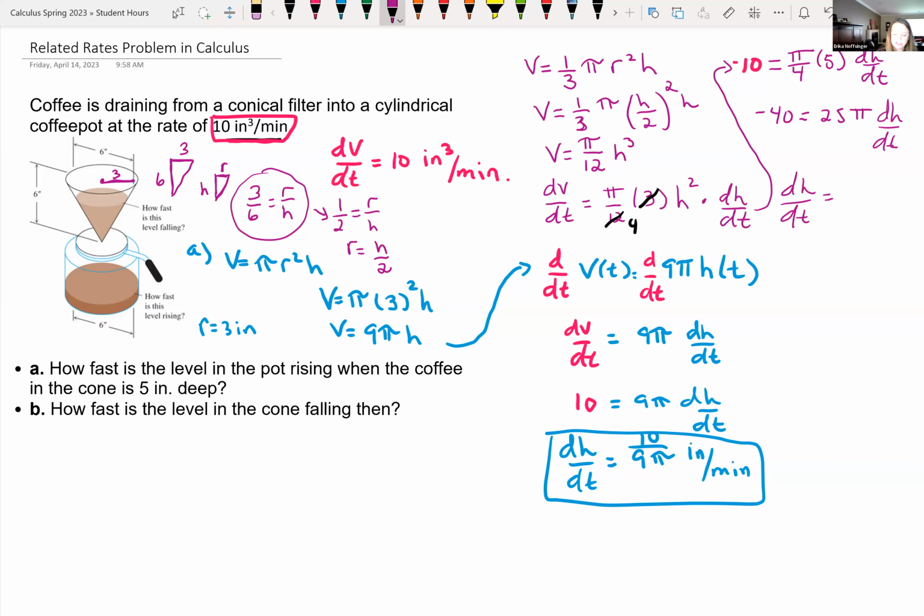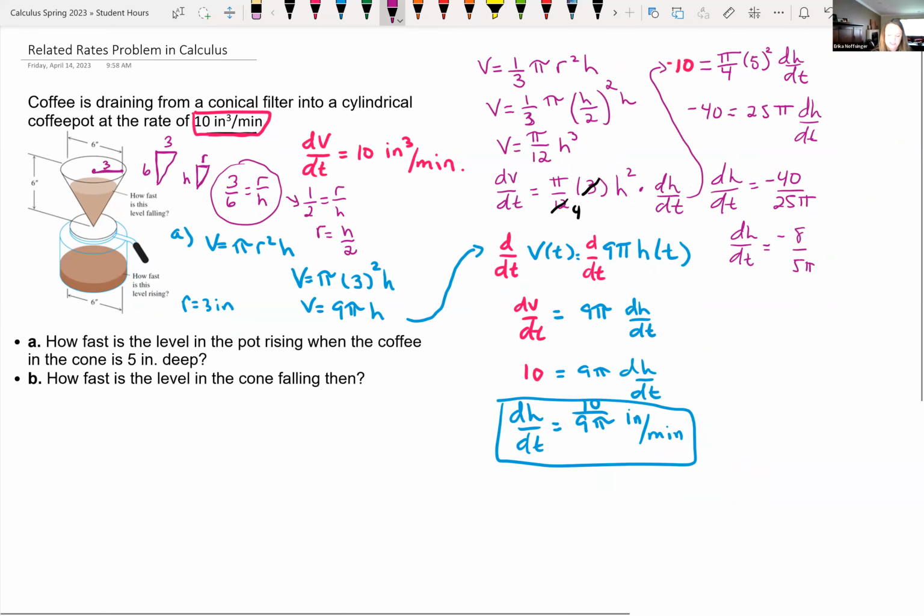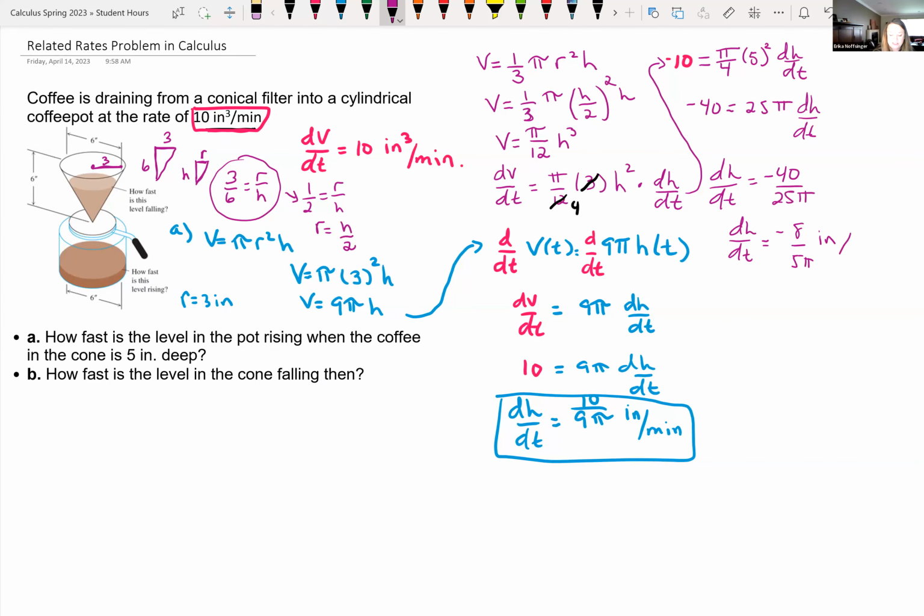So we get dh/dt is equal to negative 40 over 25 pi, which reduces as negative 8/5 pi. And this is changing with inches. The height is in inches per minute. So this would be our part B.